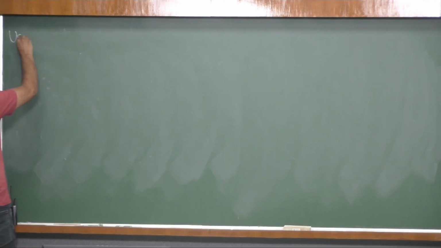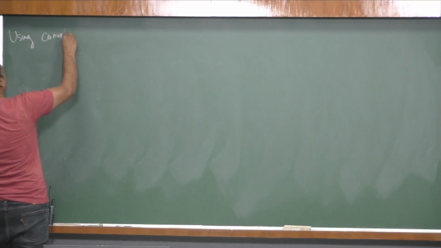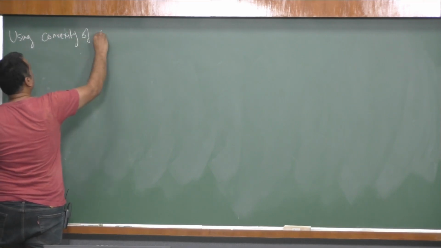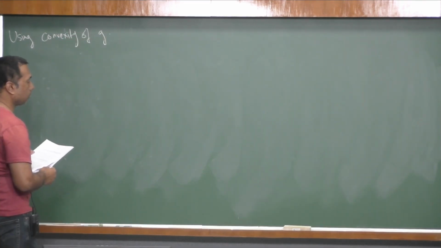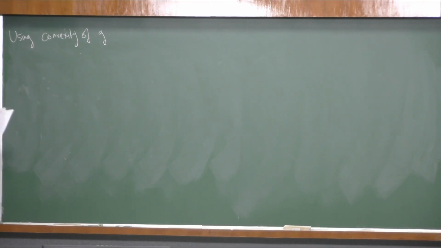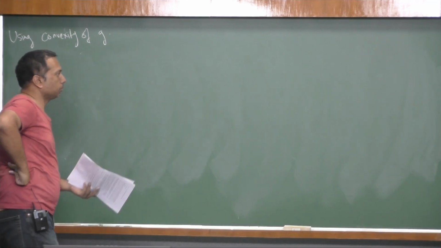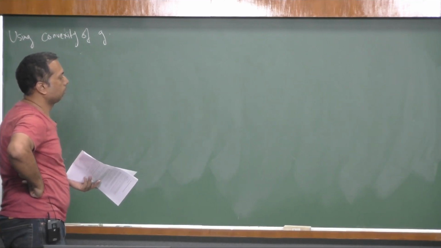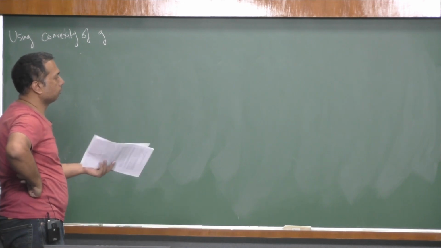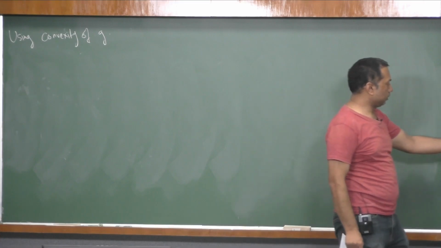Using convexity of G, what is given is f is mu strongly convex as well. So, we can use convexity of G, and that will be the first order convexity that is written in the top right corner, and then we can substitute G in terms of f, because this is what we are supposed to prove.